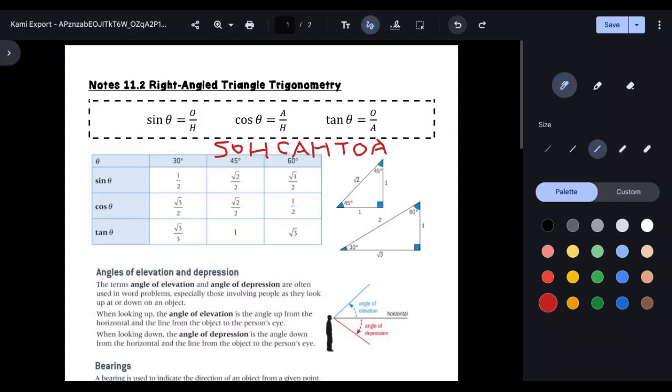Next we have some of the basic values of the sine, cosine, and tangent of common angles: 30 degrees, 45 degrees, and 60 degrees. You can see these by using SOHCAHTOA and the 45-45-90 triangle, and also the 30-60-90 triangle. But you can also see it from the unit circle, which is something you should definitely remember.